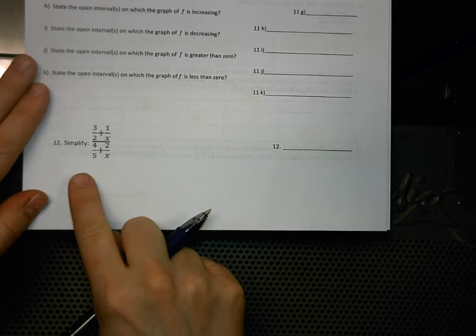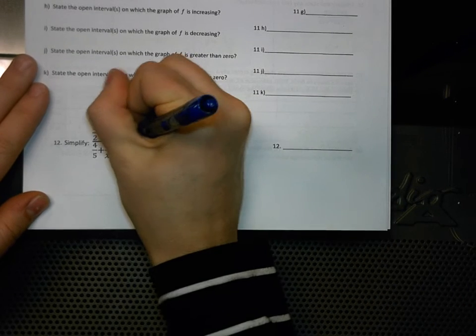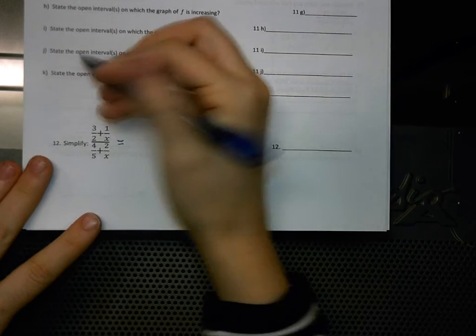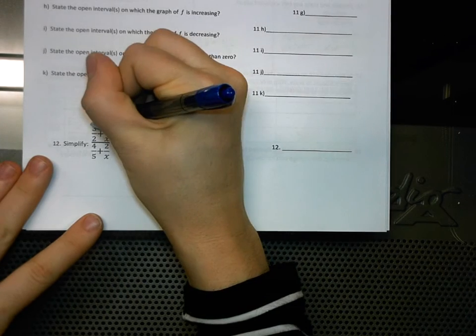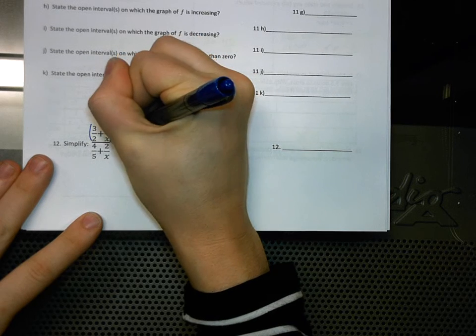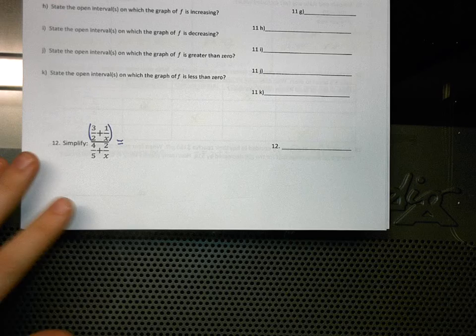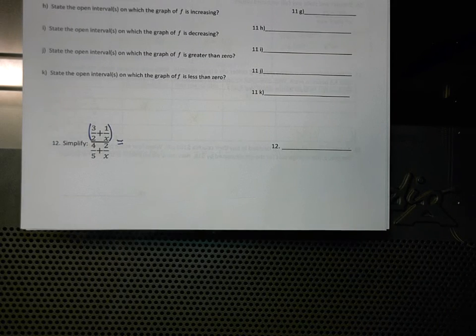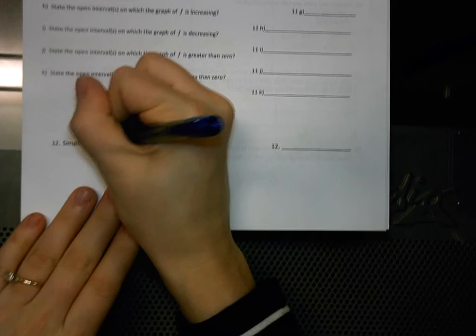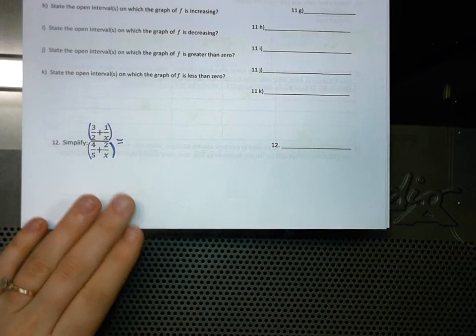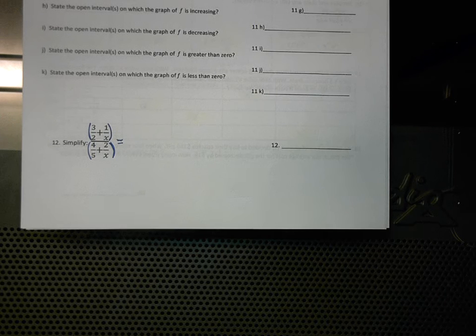Okay, so if I have two fractions here, or if I have a fraction within a fraction, my numerator is considered all one operation. So I have to do 3 over 2 plus 1 over x together, and I have to do my denominator together as well, because all of my numerator over all of my denominator.